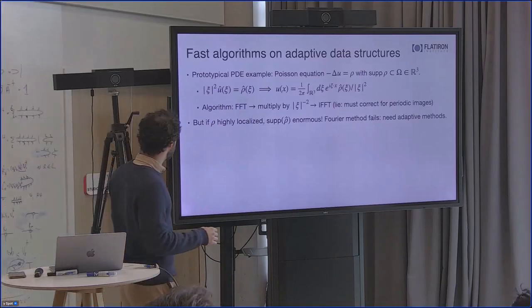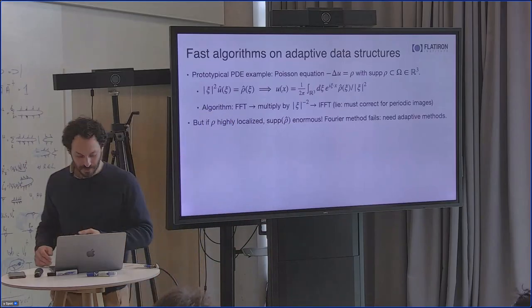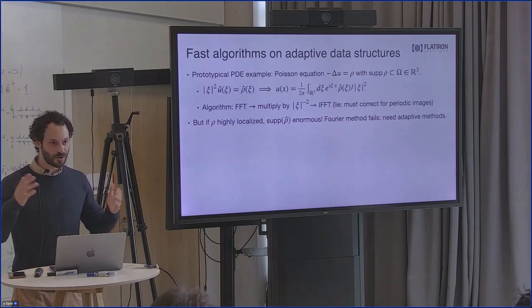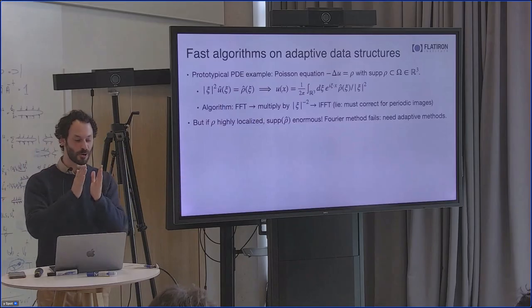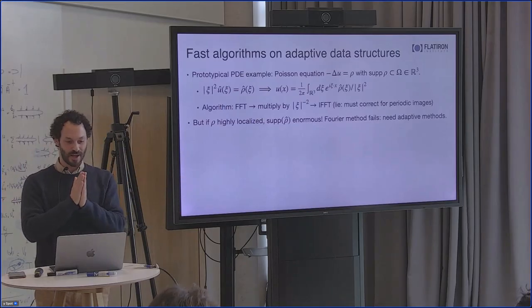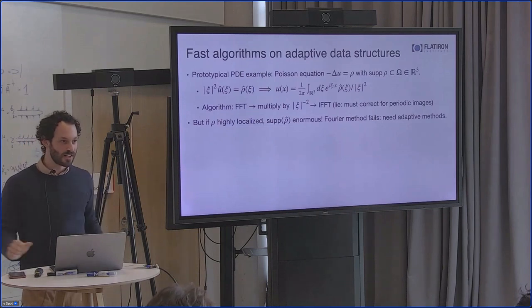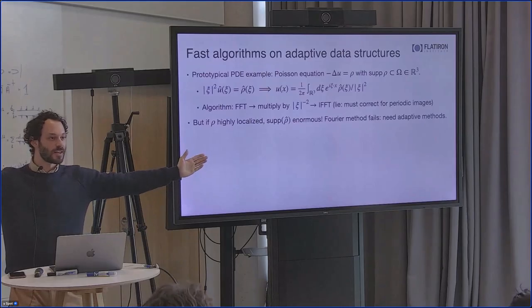So what happens if rho is highly localized? The problem you get is really just a matter of Fourier analysis. It doesn't have anything to do with numerical analysis. Rho is highly localized. That means you have very slow decay in the Fourier transform domain. You would need a very fine grid in space and sort of a gigantic box in the Fourier domain.